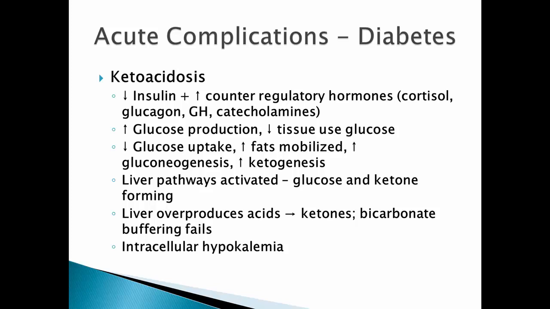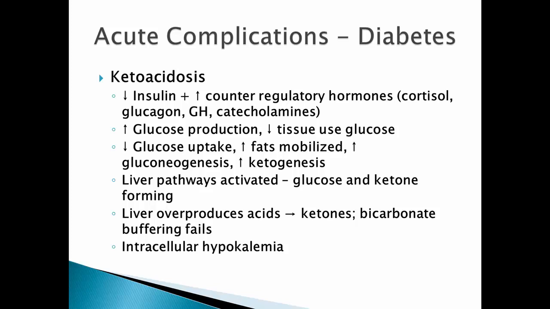Probably the most commonly known acute complication of diabetes is ketoacidosis. In ketoacidosis, there is a lack of insulin and an increase in the counterregulatory hormones. Those counterregulatory hormones include cortisol, glucagon, growth hormone, and catecholamines, because remember those are being elevated.